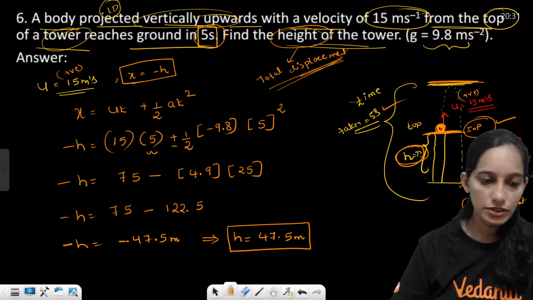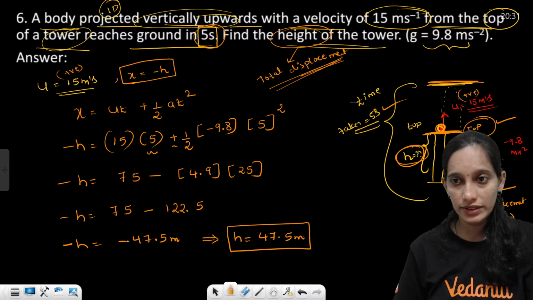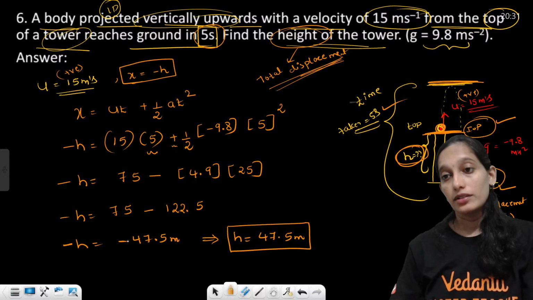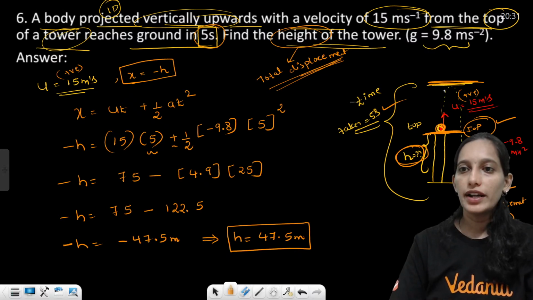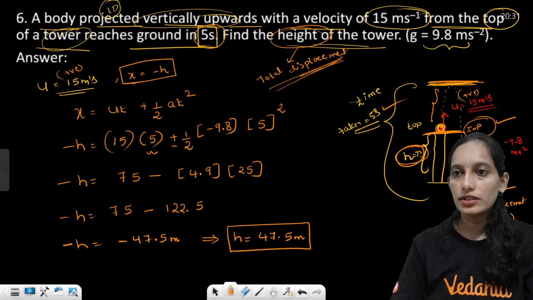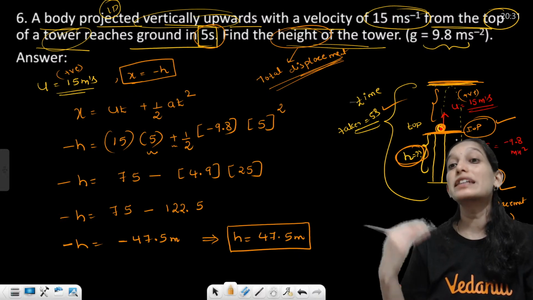Any doubts? This is the easy way of solving this problem. There is also a tedious method, like finding out the displacement by splitting the time.